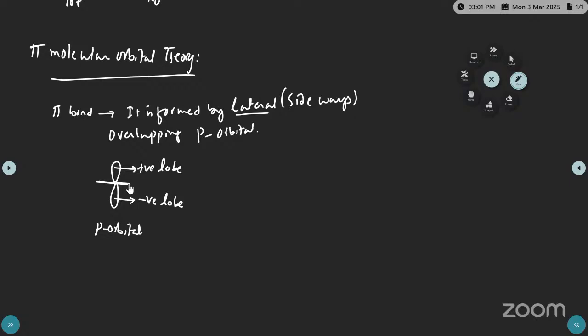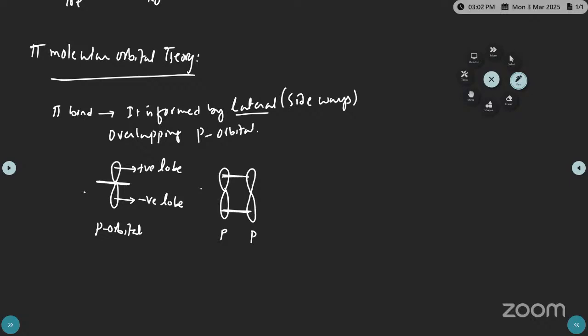So overlapping of p orbitals leads to the formation of a pi bond. This is a p orbital and this is another p orbital. These p orbitals are overlapping sideways.